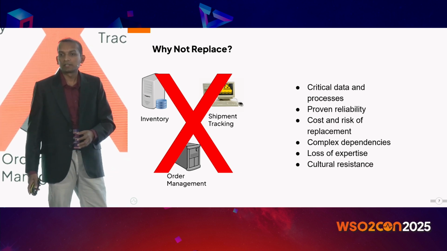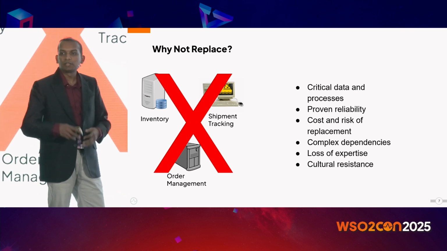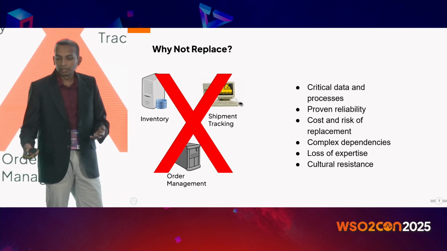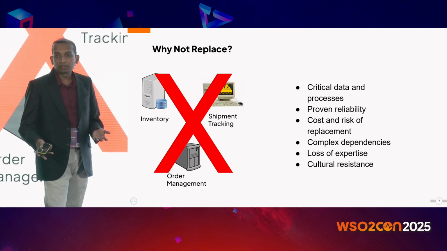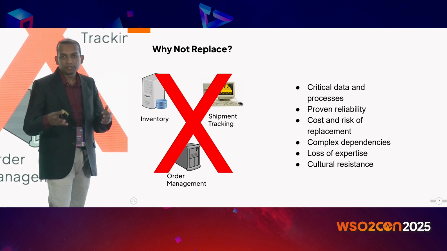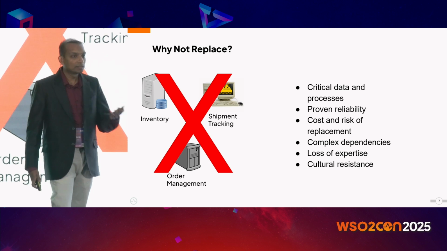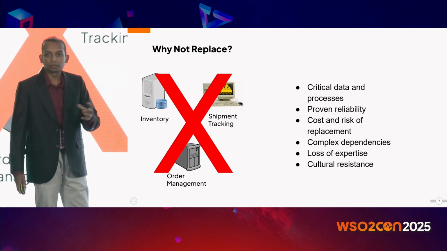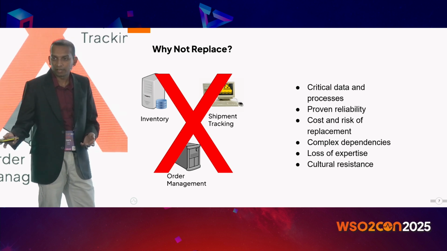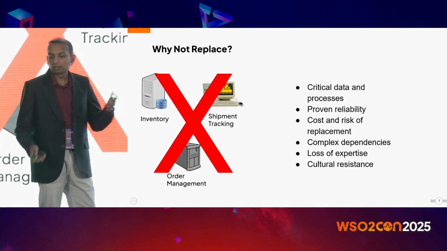Someone can't simply swap this with a new system all of a sudden, right? Doing that might cause downtime, and nobody wants to take that risk. These systems might also have crazy dependencies on other things, so if you try to make a change, that might affect somewhere else. Replacing them is not that simple.